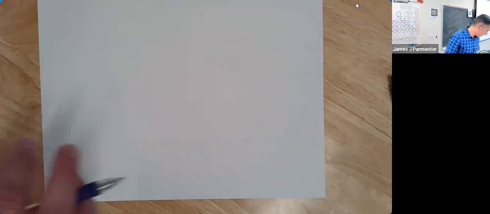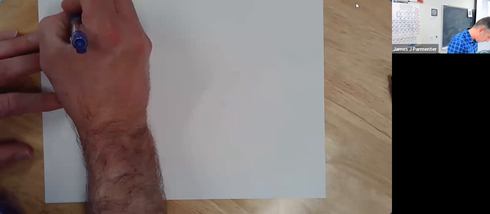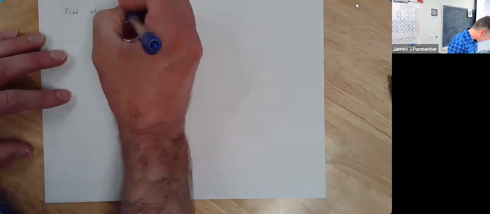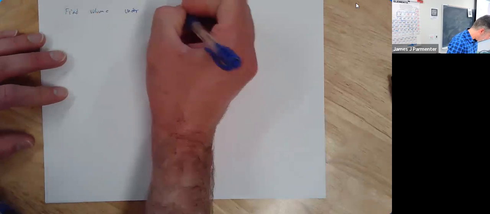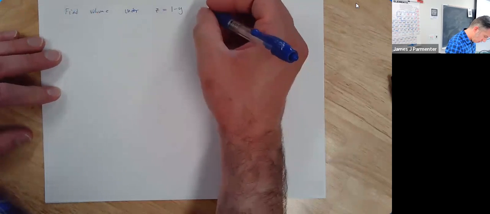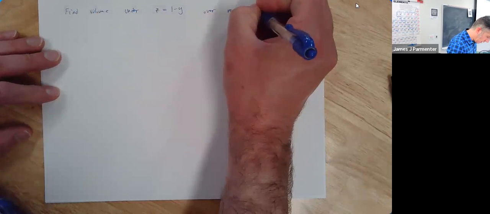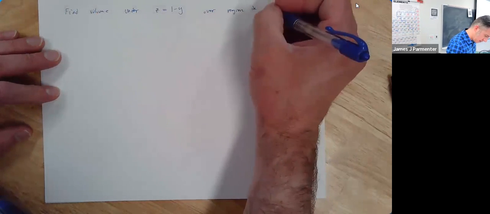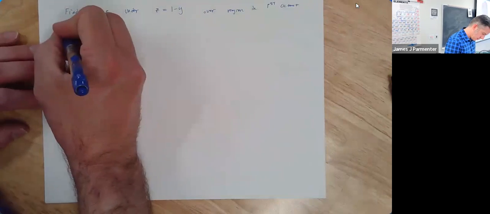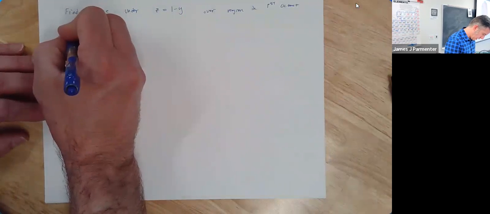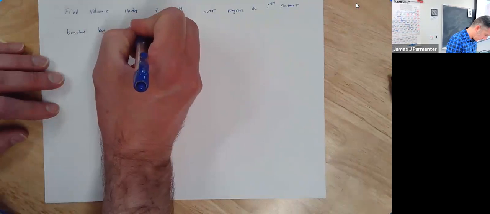Try that one. Let's say we want to find the volume under the surface z equal to 1 minus y over the region in the first octant, not first quadrant, bounded by x squared plus y squared equal to 1.